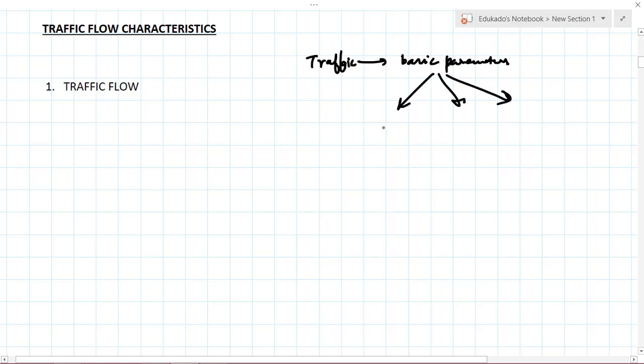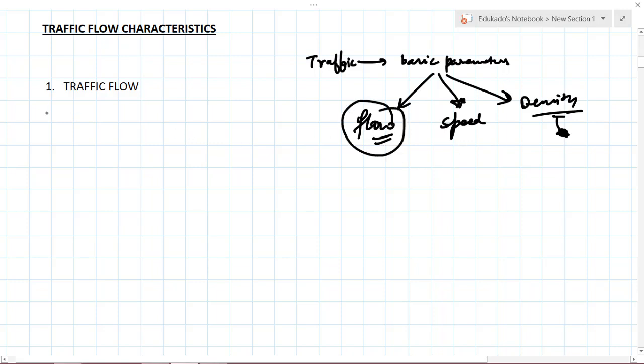The first one is flow. Another one is speed, and another one is density. Density is how many vehicles are there on the road at a particular time and particular cross section, and speed is the speed of the traffic moving. The flow is something new.